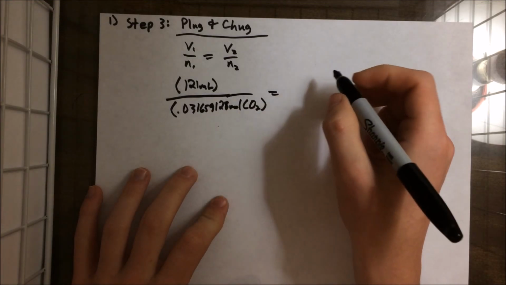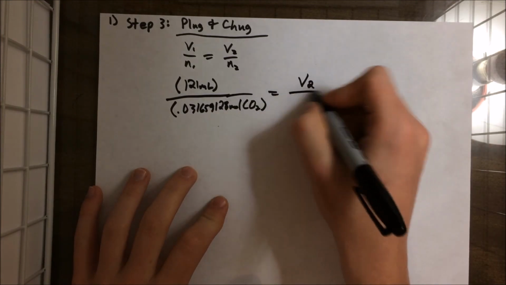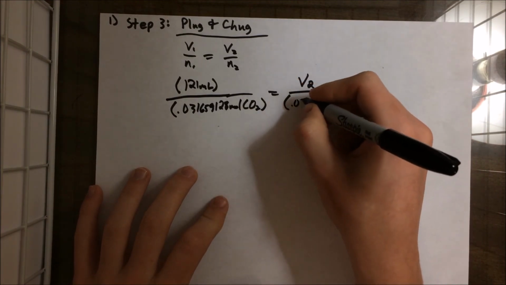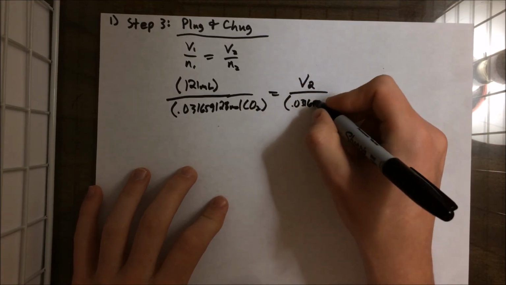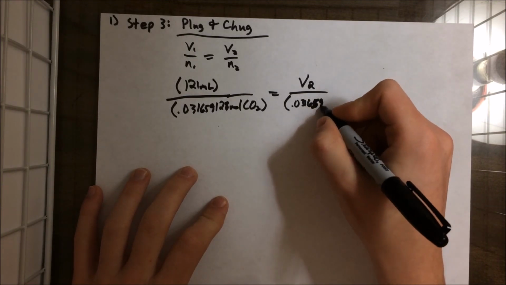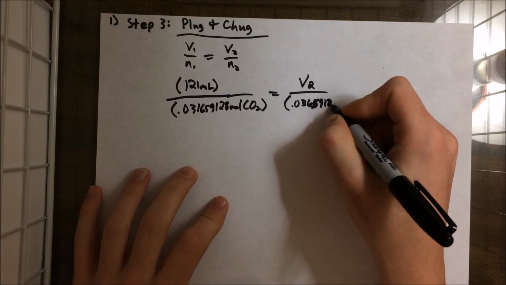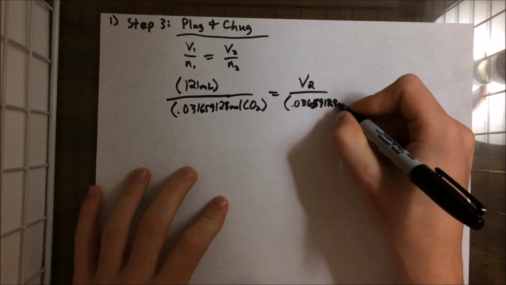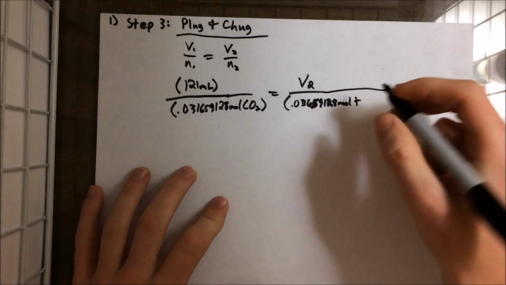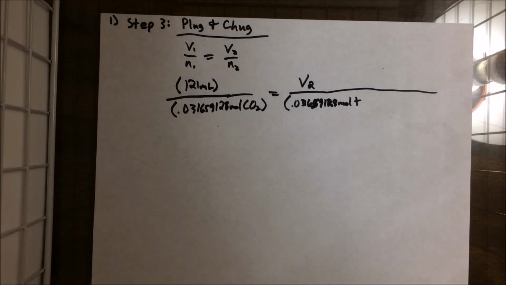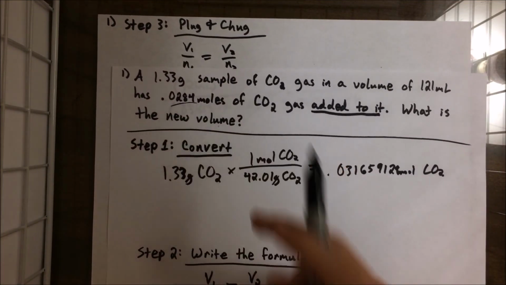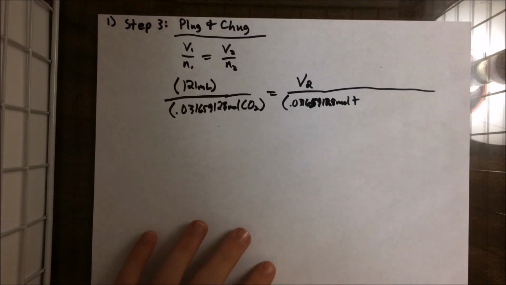Okay, and then set that equal to the final volume, which we don't know, divided by this right here, 0.031659128 moles, plus the new amount in moles, which was that right there.